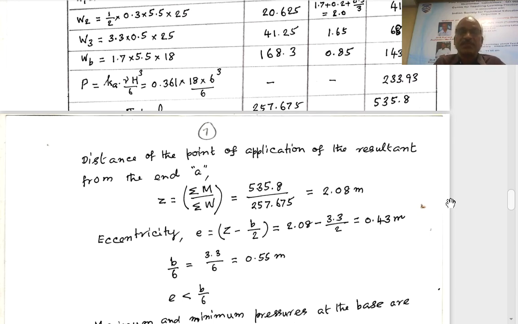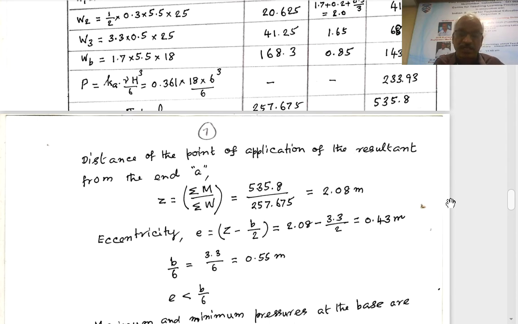Now we have to check whether the resultant falls within the middle third. When you divide the base into 1/3, 1/3, 1/3, from the center, half of 1/3 is B by 6. So when the value of E is less than B by 6, the base will be fully under compression. When the resultant falls outside the middle third, on one side it will be compression, on the other side it will be tension.